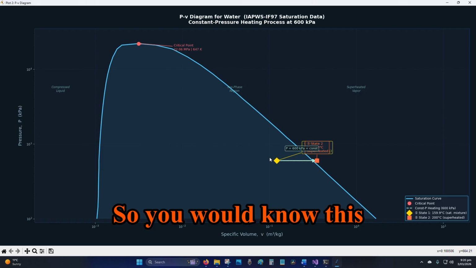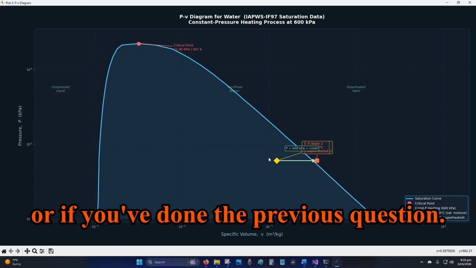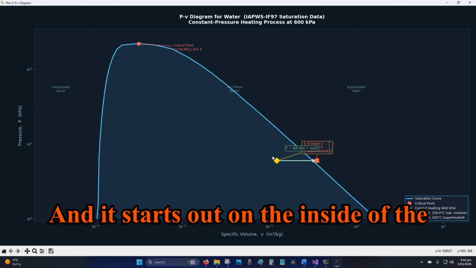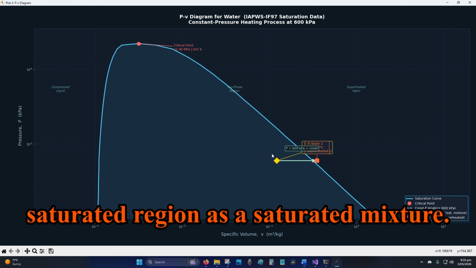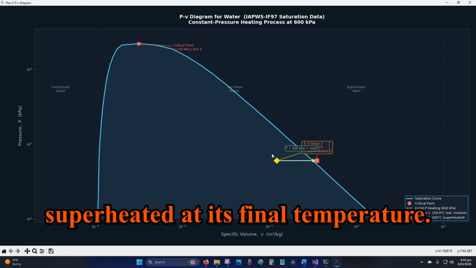So you would know this from solving it manually, or if you've done the previous question. Alright, so that's the general shape, and it starts out on the inside of the saturated region as a saturated mixture, and then it becomes superheated at its final temperature.